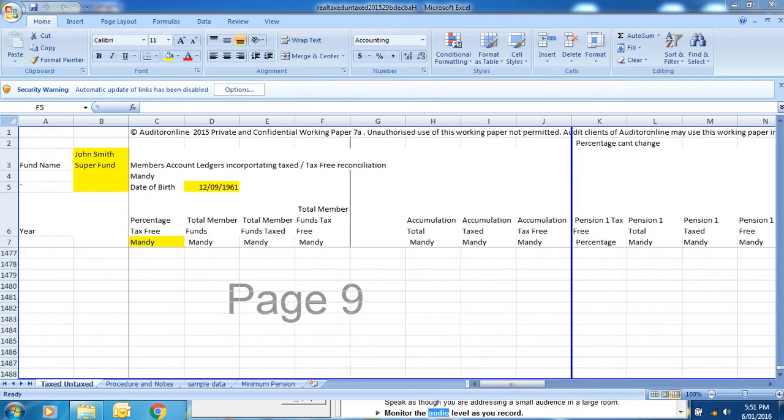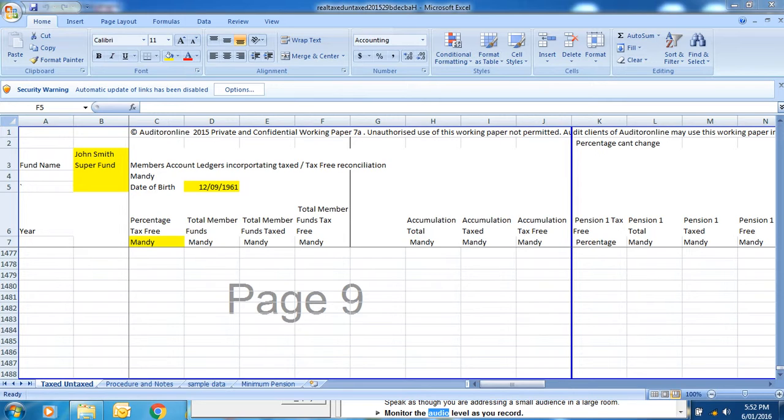What about contributions made to a non-complying super fund? Taxed or tax-free? What about salary sacrifice contributions? Taxed or tax-free? What about self-employed contributions where tax deductions are claimed? What about rollovers from other complying super funds?